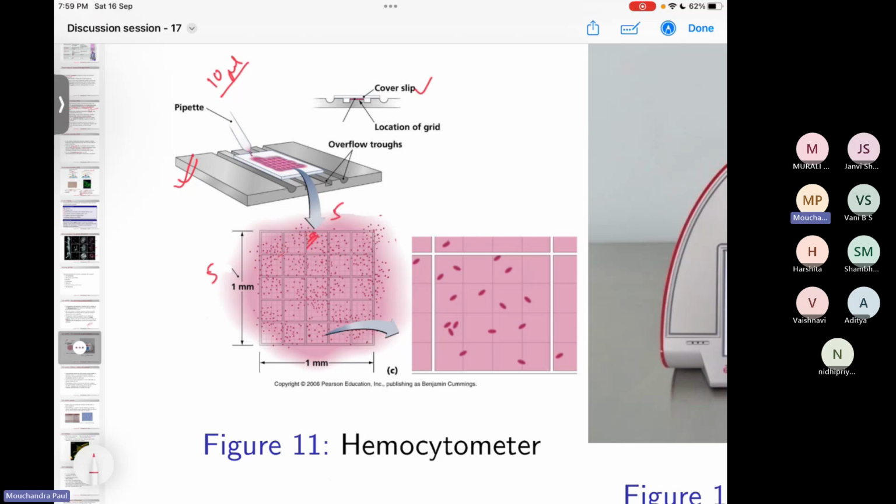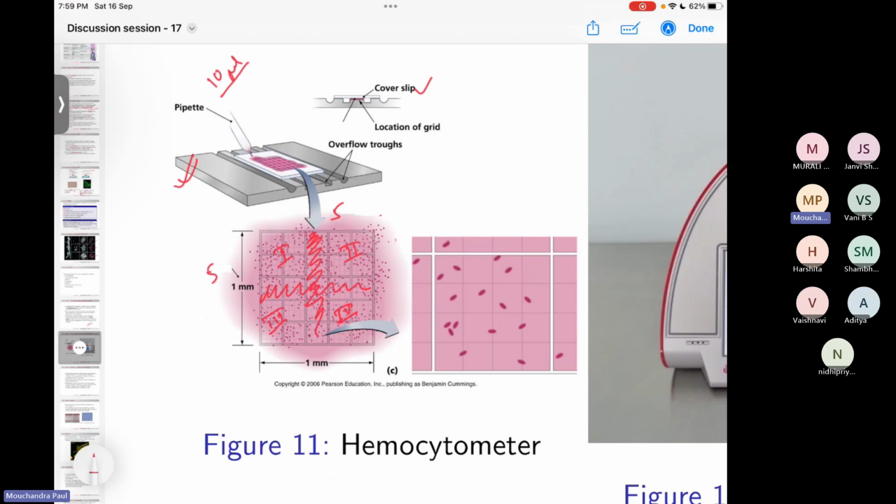In general it is divided into 4 quadrants: 1, 2, 3, 4. We count cells in each of these 4 quadrants one by one. In each quadrant you will see there are more squares, 4 by 4 squares.